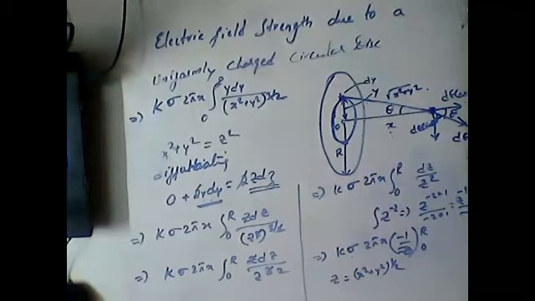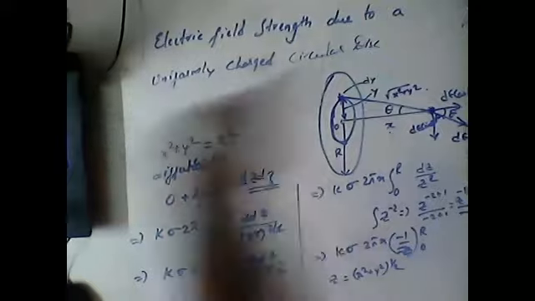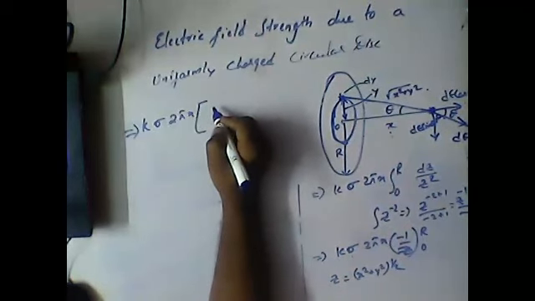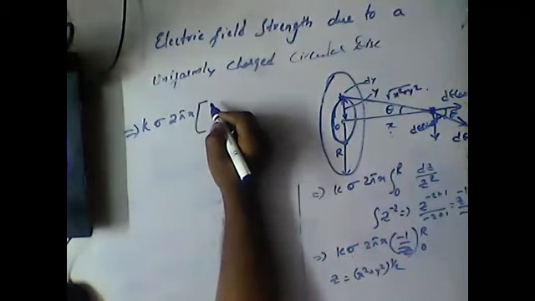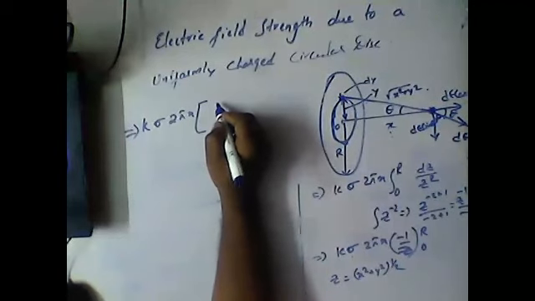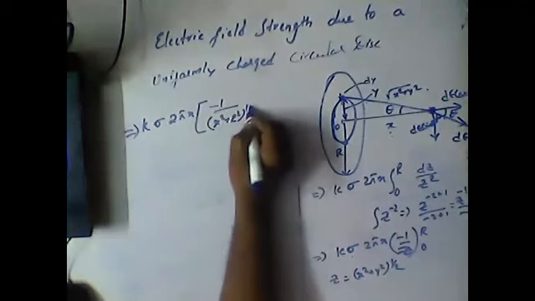By substituting the values, we get k into sigma 2 pi x, and here minus, once I substitute r instead of y, we get minus 1 by (x square plus r square) whole power 1 by 2.